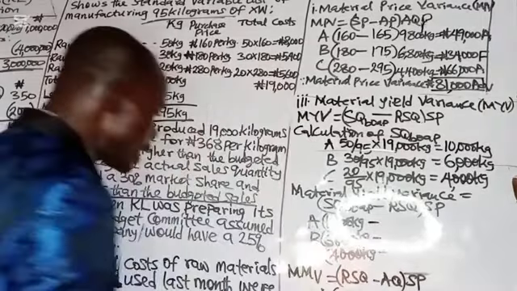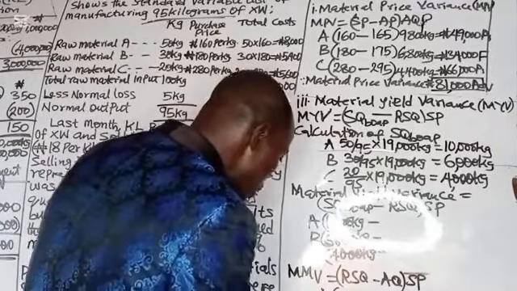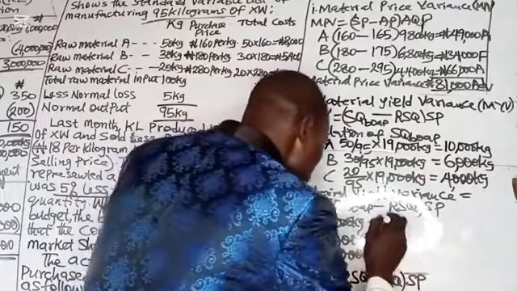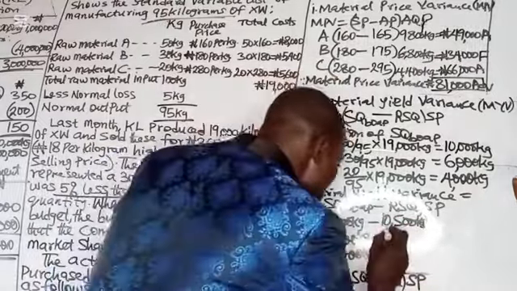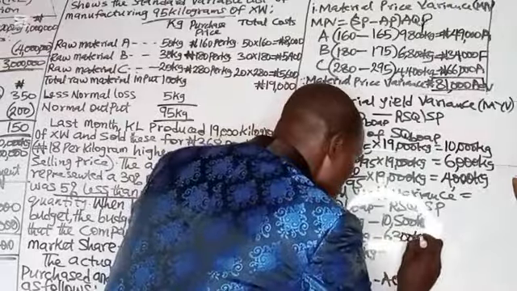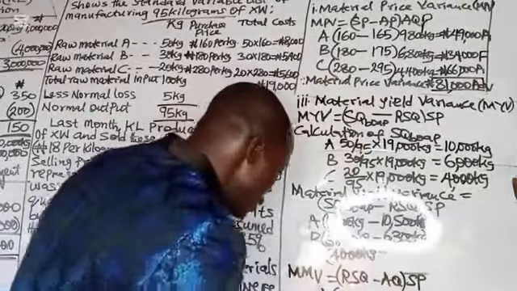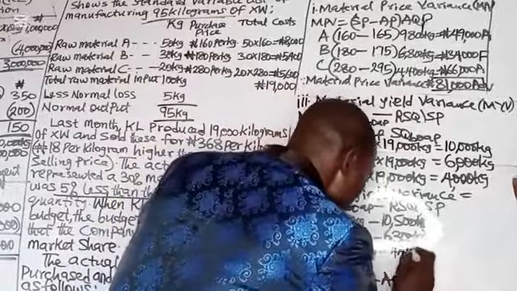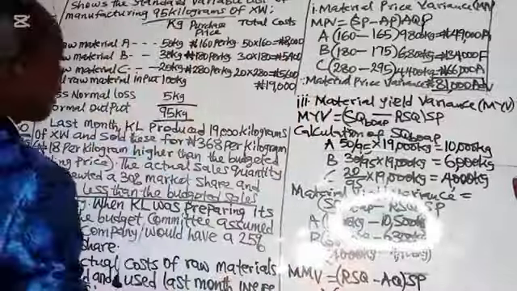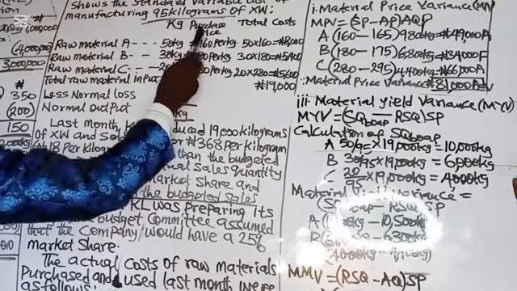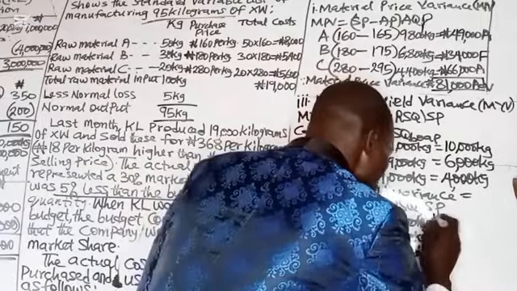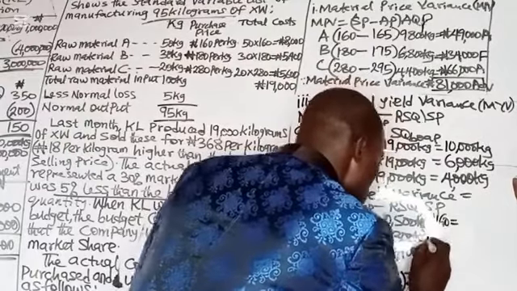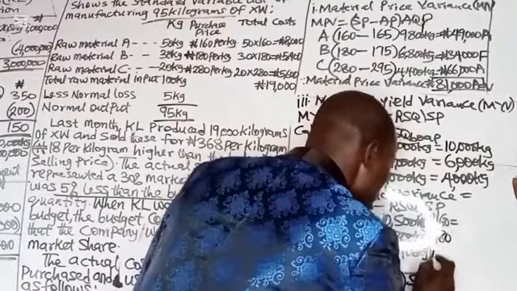Revised standard quantity as calculated earlier: 10,500, 6,300, and 4,400 multiplied by the standard prices of 160, 180, 280.